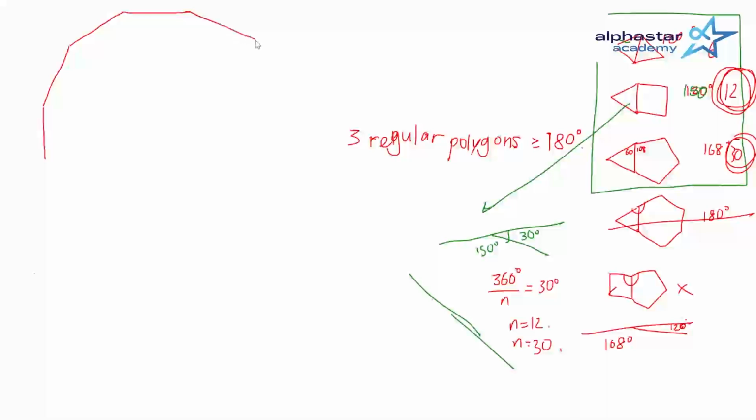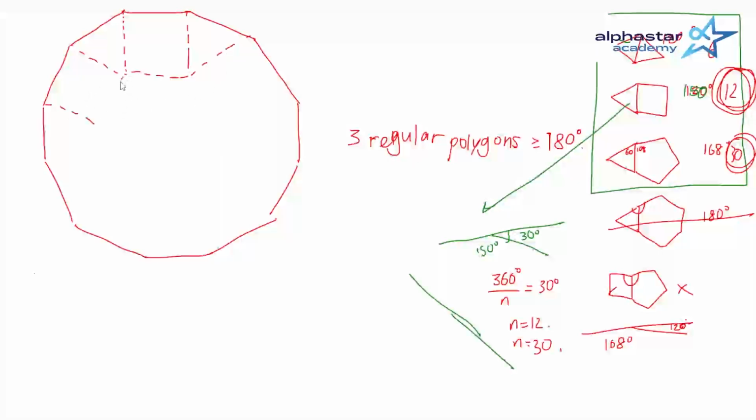So if a regular 12-gon looks something like this, then, for example, we can put a square like this, and then a triangle here, and a triangle here, and then we can put another square like this, and we can continue around the 12-gon like this, right?